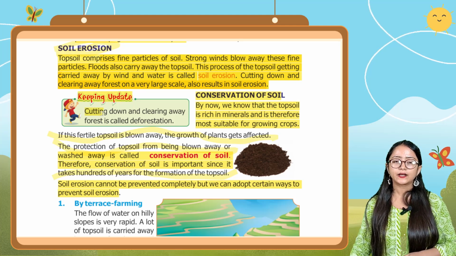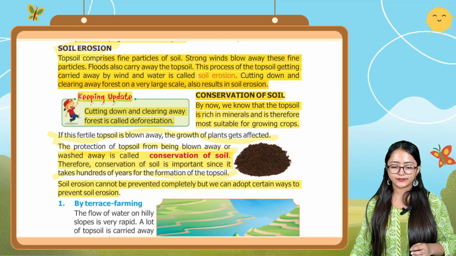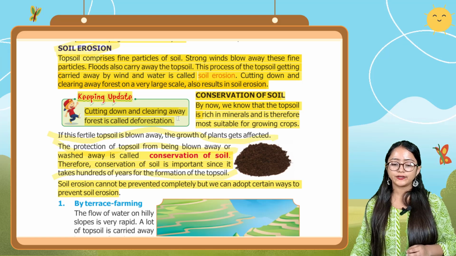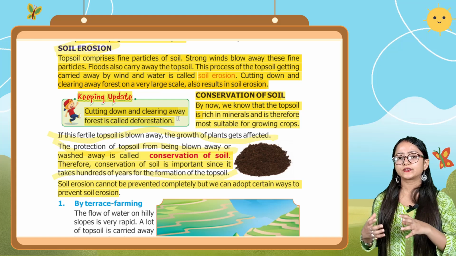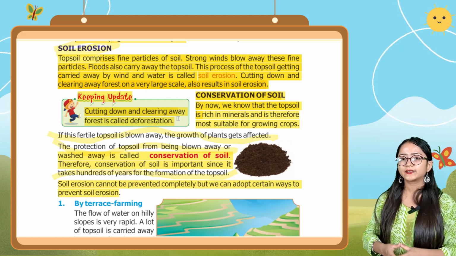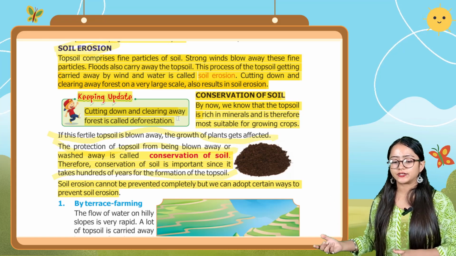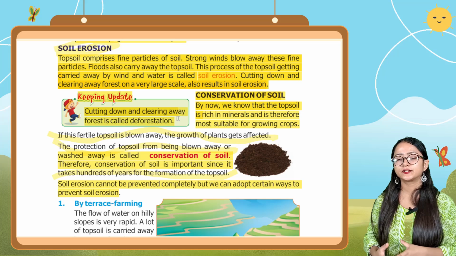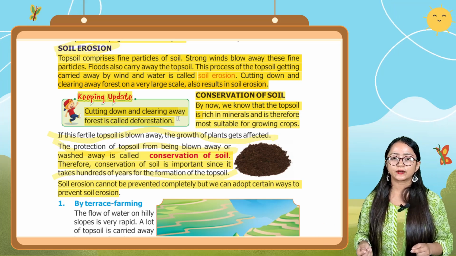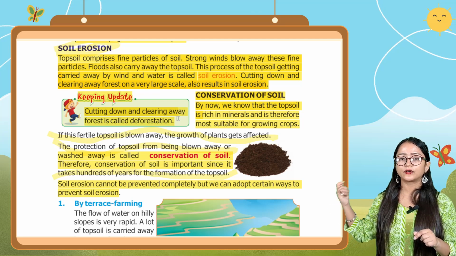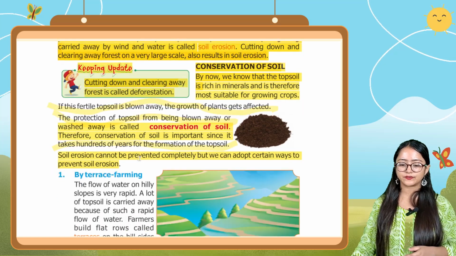It is saying cutting down and clearing away forest is called deforestation, whereas planting more and more trees is known as afforestation. So the opposite of deforestation is afforestation. Deforestation means cutting down large amounts of trees and plants or forest area.